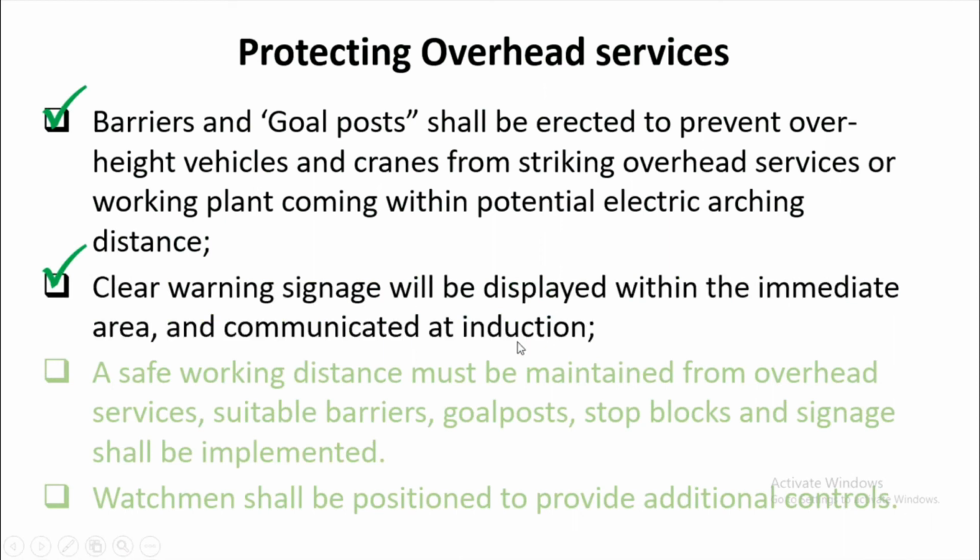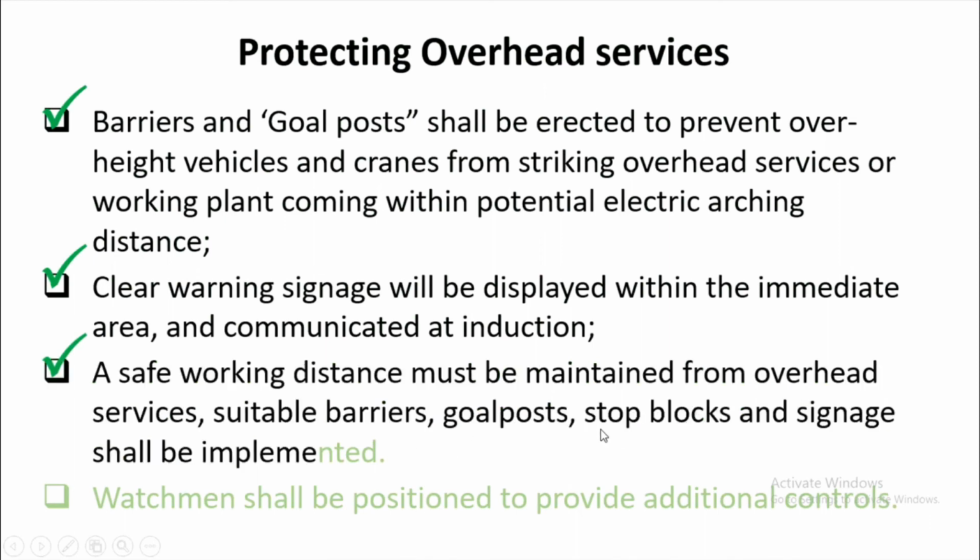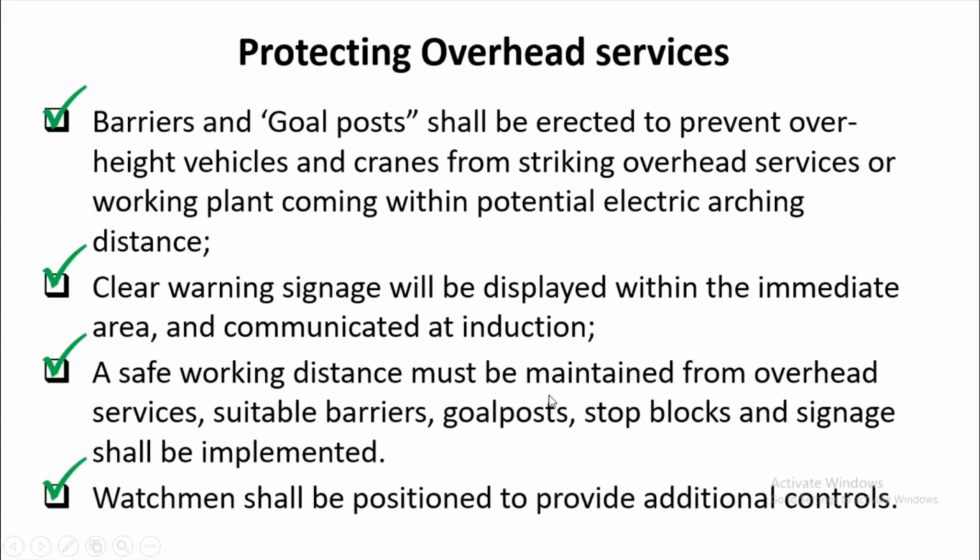Clear warning signs will be displayed within the immediate area and communicated at safety inductions of personnel. A safe working distance must be maintained from overhead services. Suitable barriers, goalposts, stop blocks, and signage shall be implemented. The watchman shall be positioned to provide additional controls in the area.